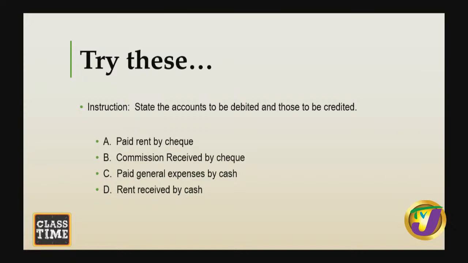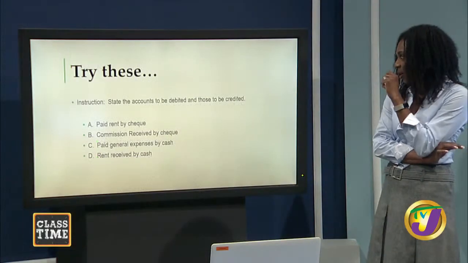Paid rent by check. Yes, Kimaya, I recognize there's no money there. It's not full transactions, basically, students. This is just to find out how much of the double entry knowledge you have grasped. All right? So I want to know if you can accurately debit and credit. I know there's no money to each of them.